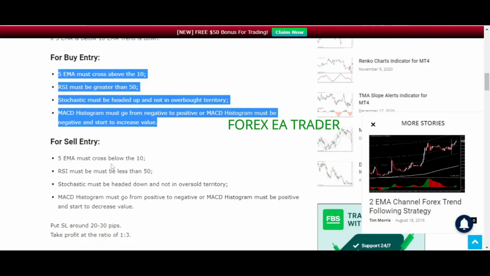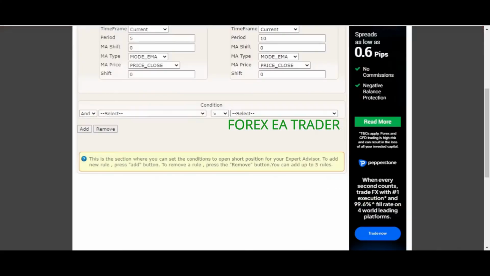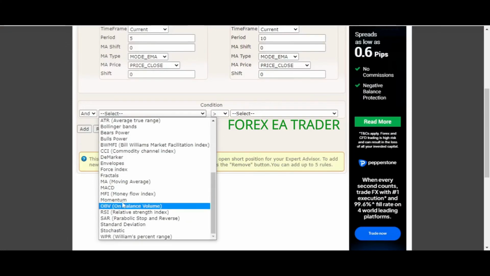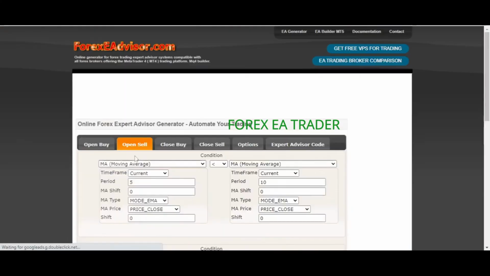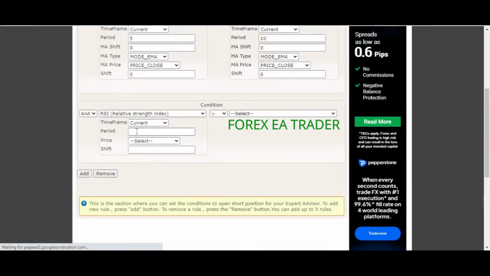I think the next condition is what? RSI, which is less than 50. RSI, it's 14 if I remember. Let's go to RSI. We're going to use period 14, and we're going to say price close. Shift, we're going to use 0, and it's going to be below the 50 line.